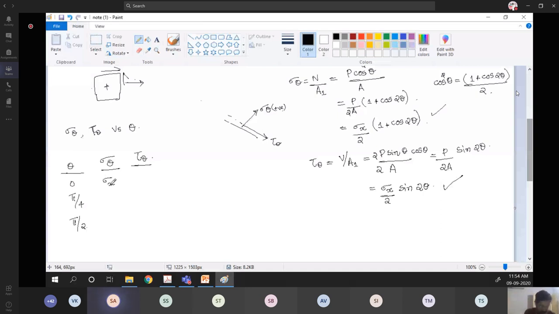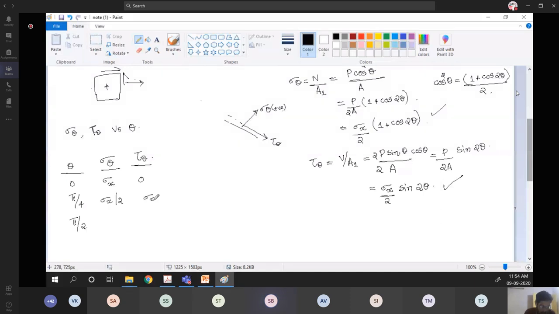For pi by 4, sigma x by 2. And for tau theta, sigma x by 2.